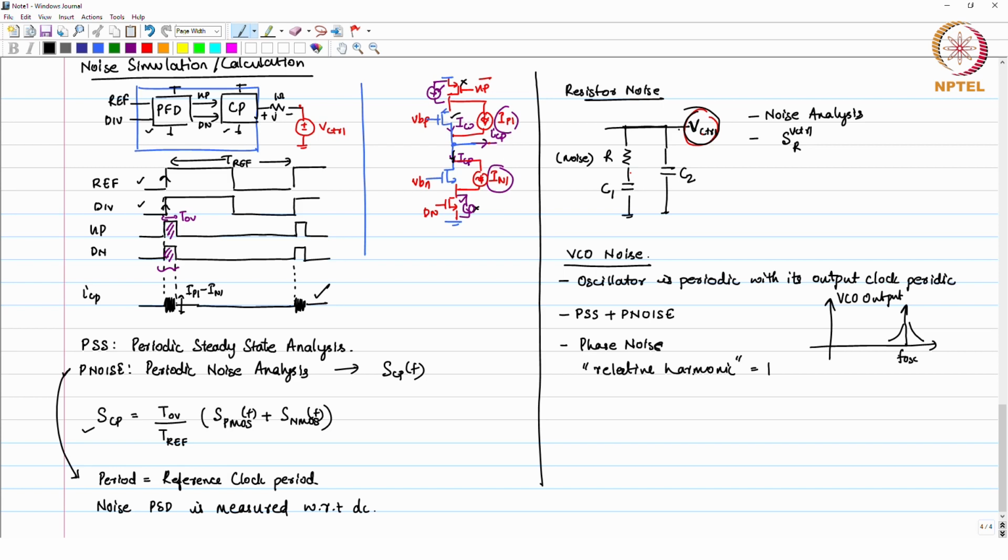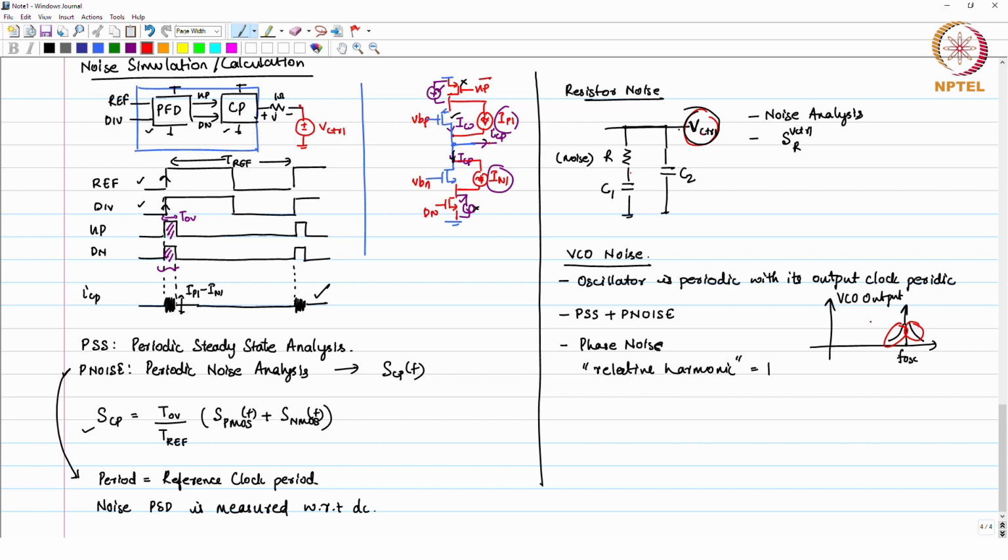And the noise which we are looking at is the noise here, this noise. It will be given to you whether you want to have upper sideband, lower sideband, or something else.